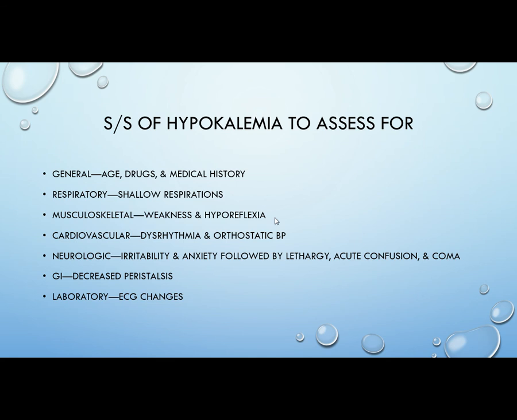Okay. Dysrhythmia is heard and seen on your monitors on these patients. Because the heart is pumping ineffectively and the blood is not moving effectively, these patients can experience orthostatic hypotension.